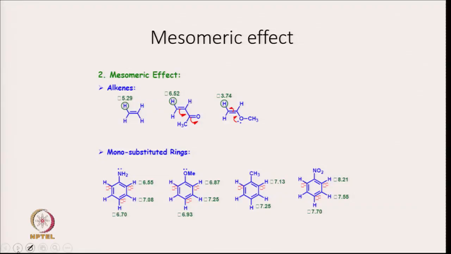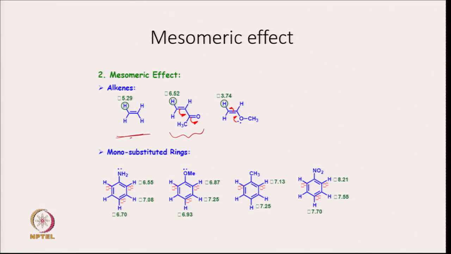If it removes electrons, then we expect the chemical shift to be higher. If it donates electrons, then we expect the chemical shift to be smaller, and that is what we see here.